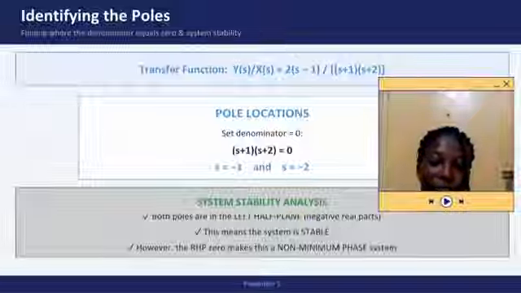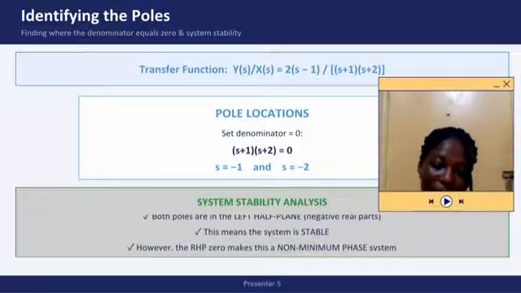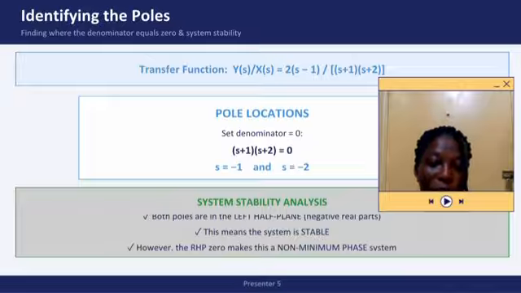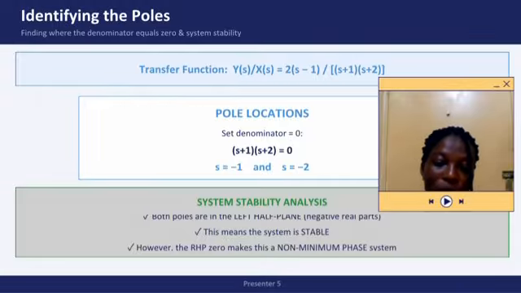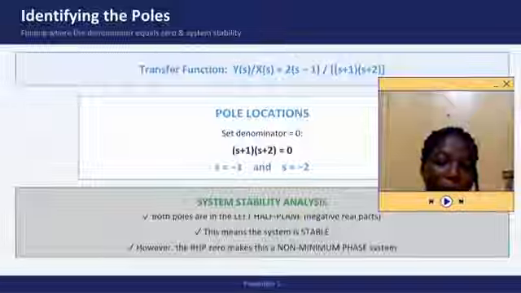A minimum phase system has all its zeros and poles on the left half plane. But for what we have here, we have a little bit of a variation. We have our poles on the left half plane, and our zero on the right half plane.